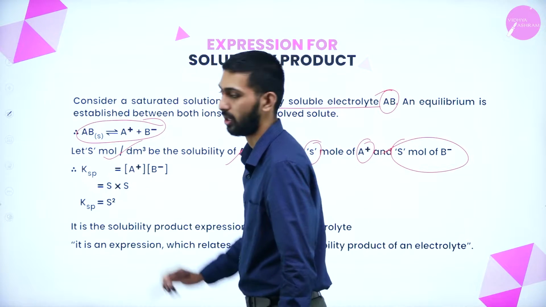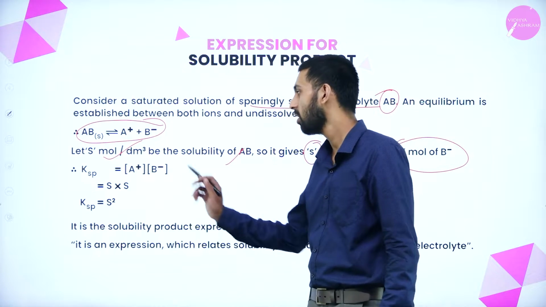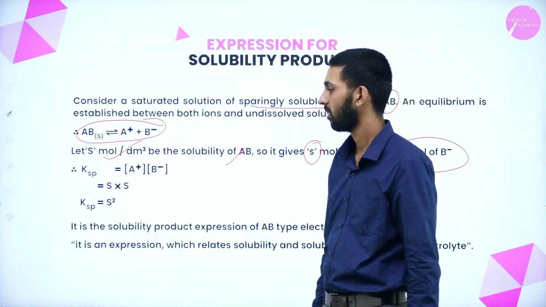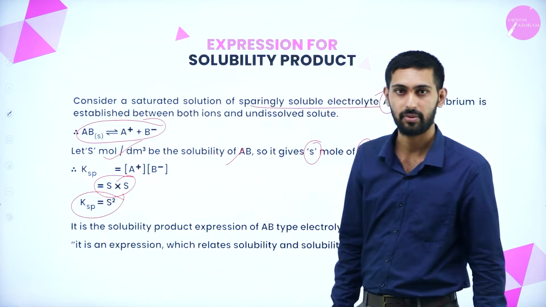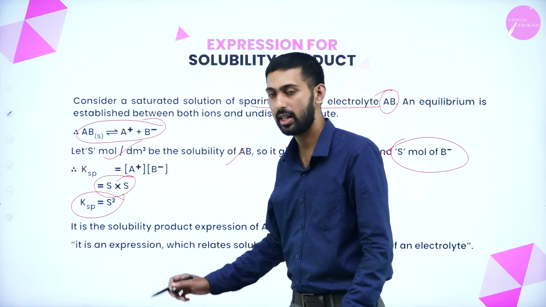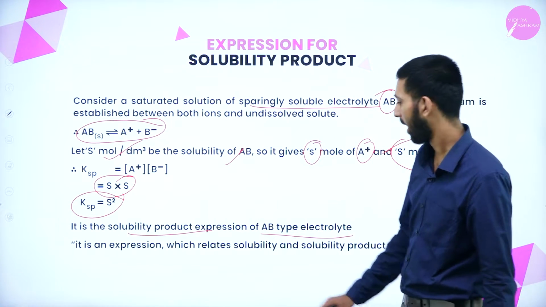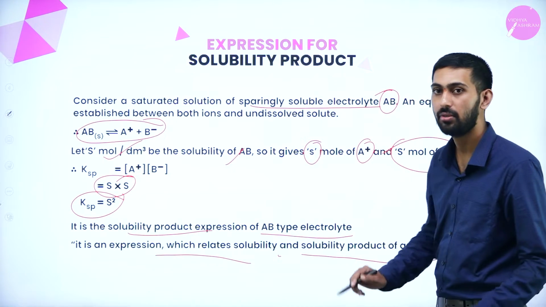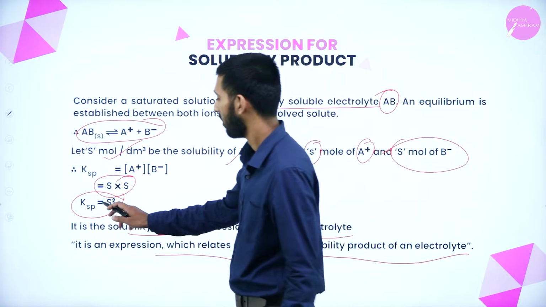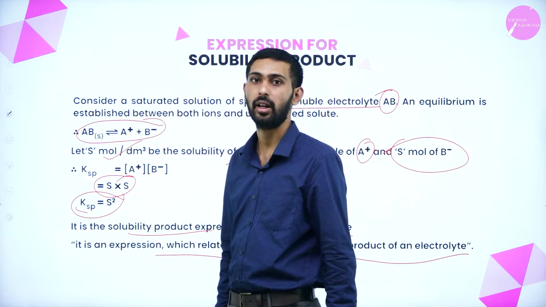So KSP, the solubility product, is equal to concentration of A plus ion times concentration of B minus ion. So S into S, that is S square. This is the solubility product expression of an AB type electrolyte, and it is an expression which relates solubility and solubility product of the electrolyte.